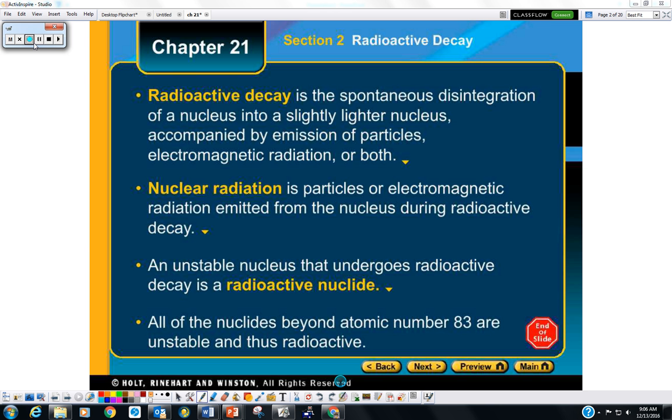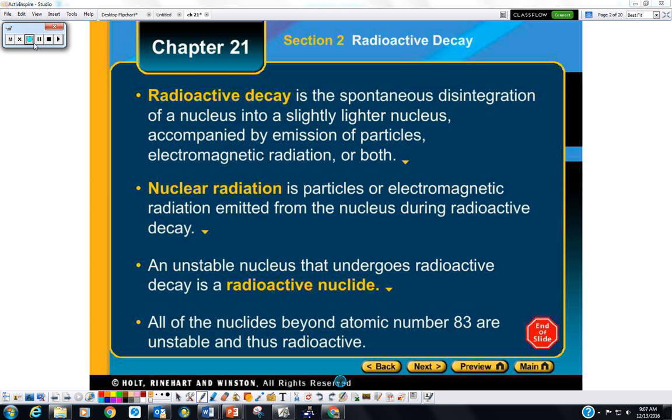So, radioactive decay. This deals with the spontaneous degeneration of a nucleus into a lighter nucleus. So, radioactive decay involves something like uranium breaking down.